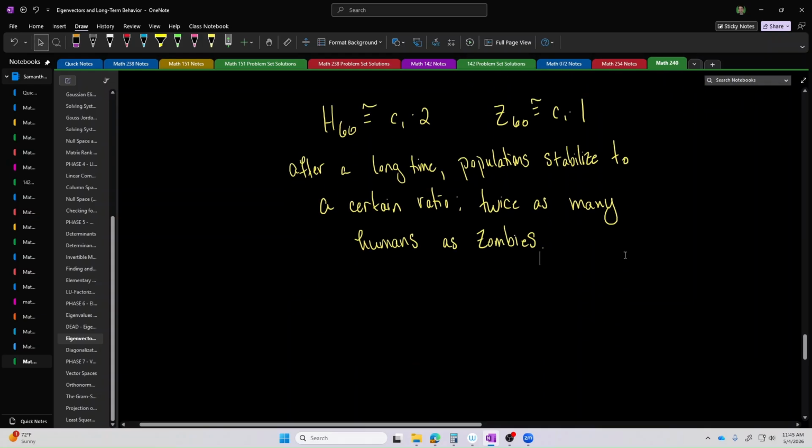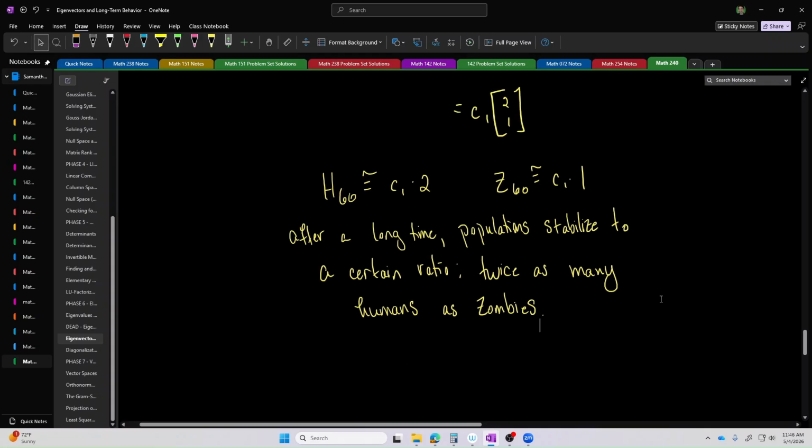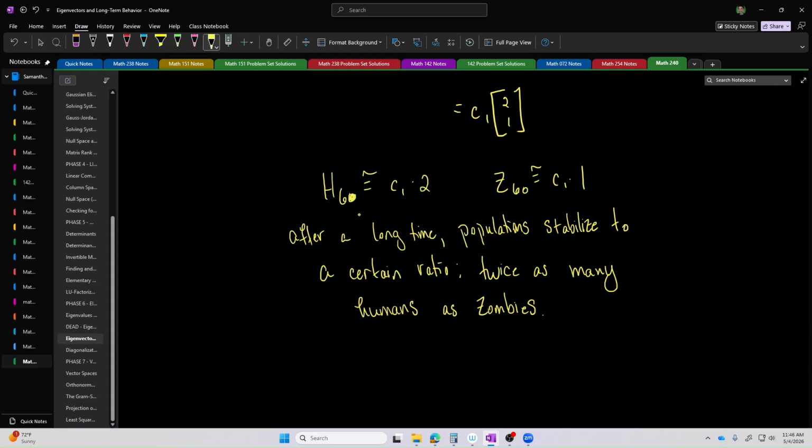So we don't end up curing all the zombies, but neither do all the humans get infected. Over the course of time, we are leveling out and stabilizing to an equilibrium between the two populations, where the humans outnumber the zombies 2 to 1.